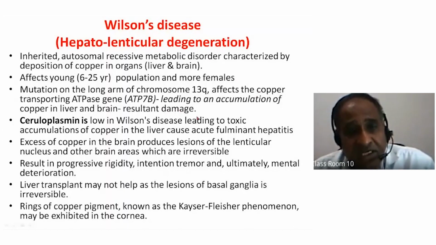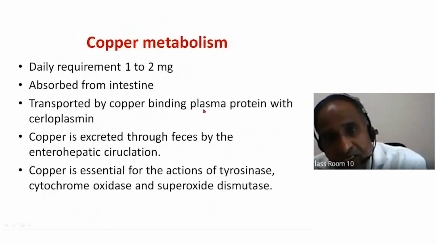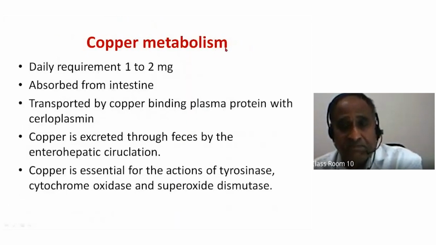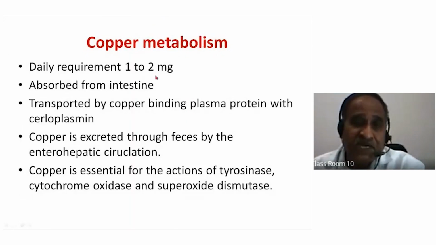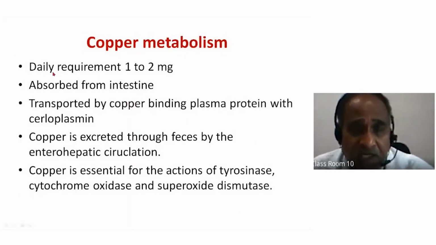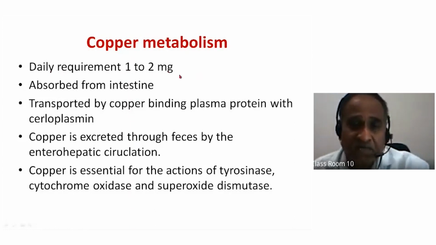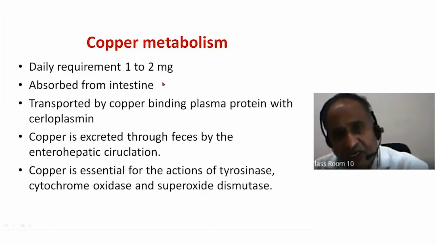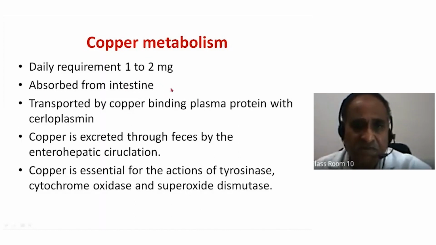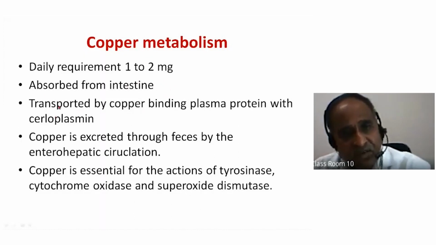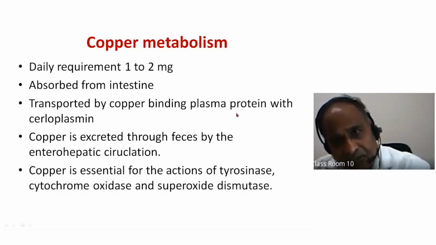Now let us see what is this copper metabolism. Just briefly, I have covered in 5 points. Daily we require about 1 to 2 milligram of copper. It is absorbed from the intestine along with other metals, not to a great extent, but it is absorbed. And it is transported by a copper binding plasma protein.